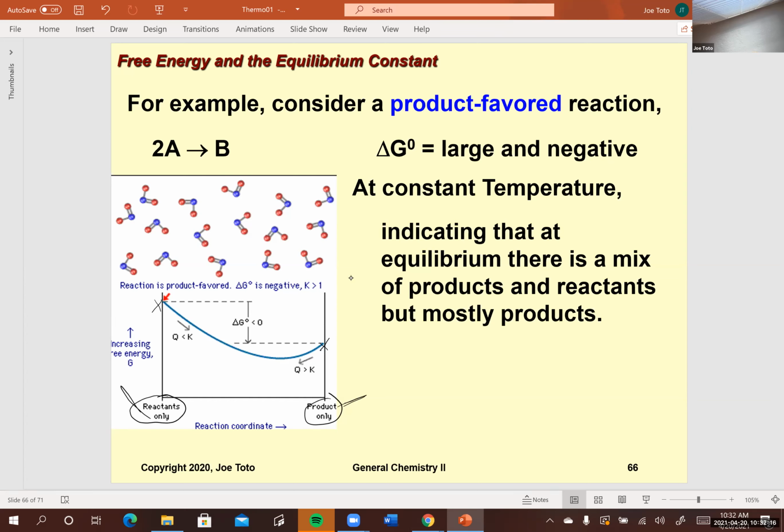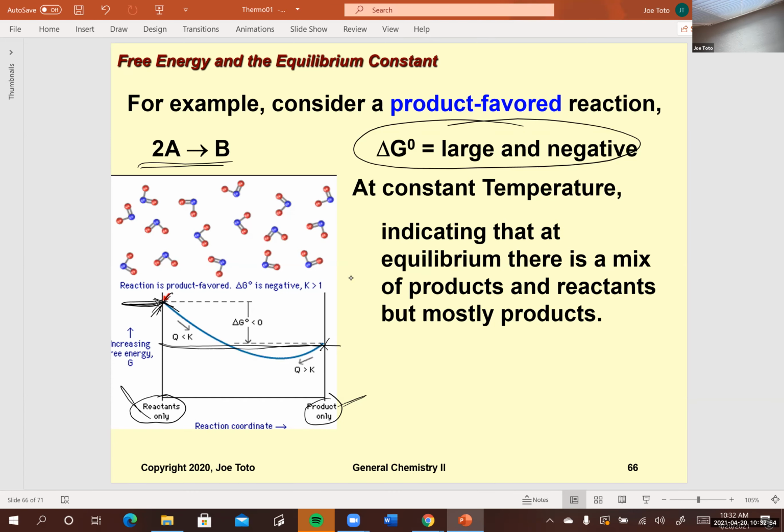So if delta G 0 under standard conditions is large and negative, that means this process is predicted to convert a net amount of reactants to products. And that magnitude has to do with the difference between the Gibbs content of pure or standard reactant and the Gibbs content of pure or standard product.